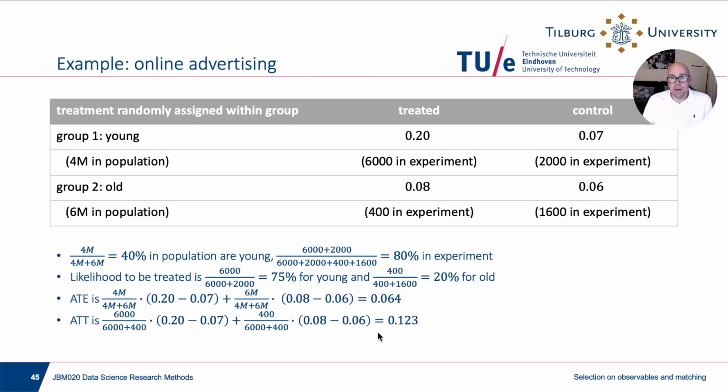Now, how do I get the average treatment effect? Well, the average treatment effect answers the question, what is the effect of the treatment if I set either the whole population from not being treated to being treated, or a randomly drawn individual from the population from not being treated to being treated.